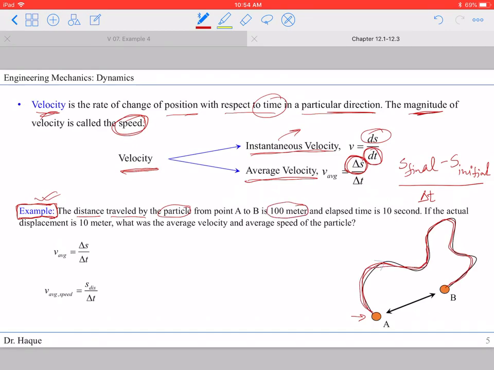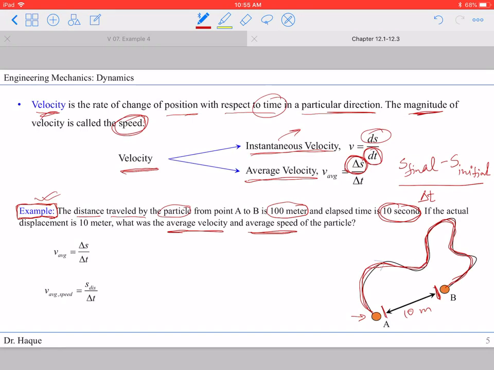So the entire path is 100 meters, and it took 10 seconds to run across this path. But the actual displacement, from point A to point B, is only 10 meters. And the problem asks us to find the average velocity and average speed of the particle.